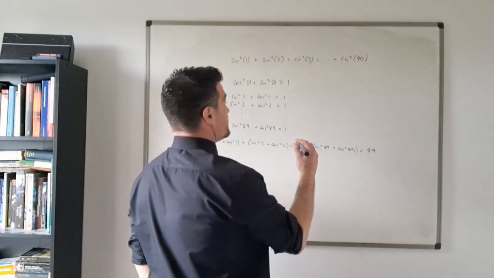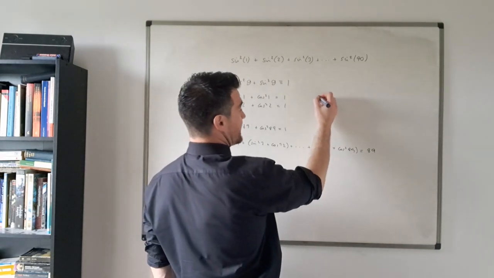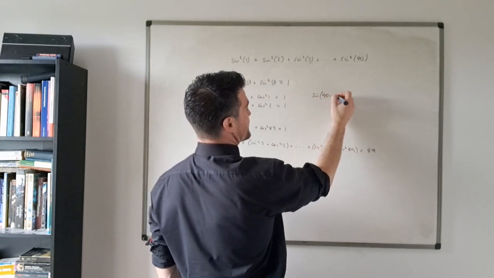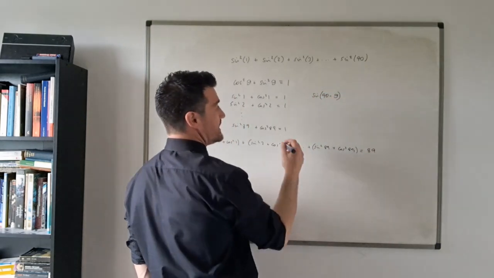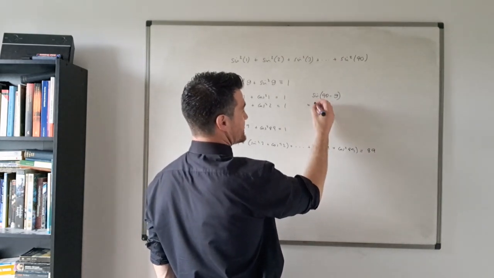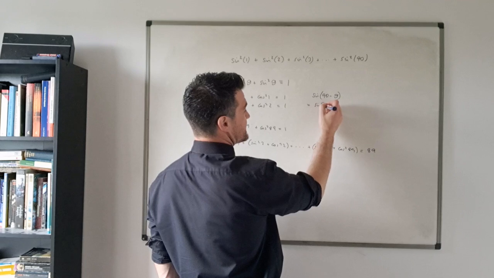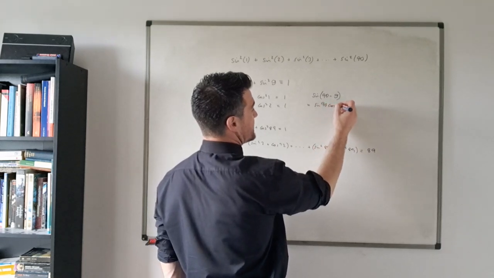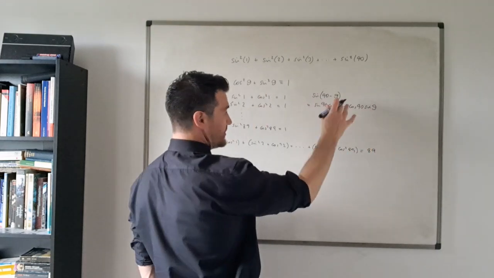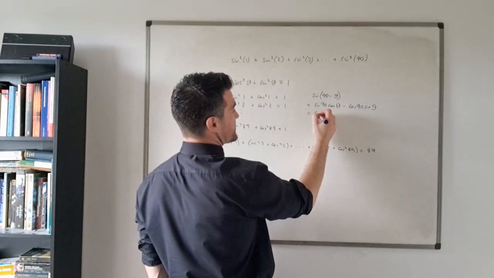But now, bear in mind that, let's say we've got sine of 90 minus theta. Just to show you why this is true, we've got sine 90 cos theta minus cos 90 sine theta, using another trigonometric identity, which is just cos theta.